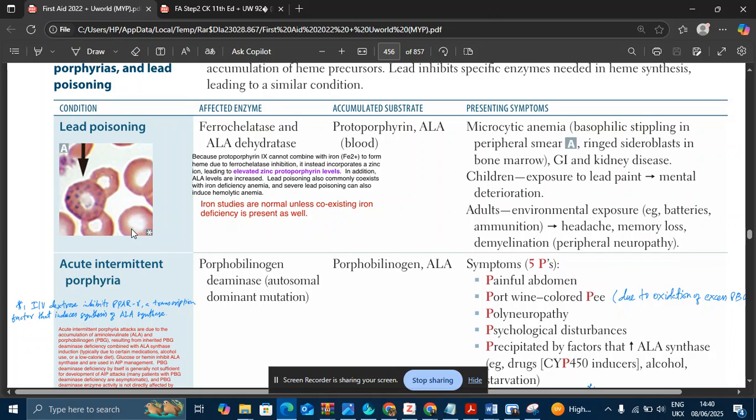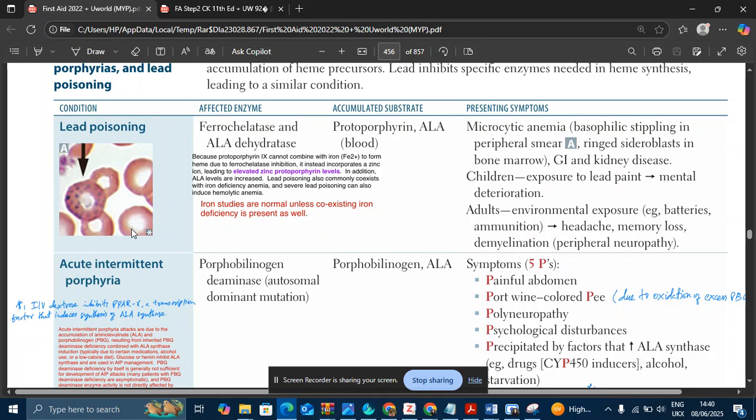So this is the number one risk factor in children for lead exposure. In adults, those who work in industries, in factories that make batteries, get inhalation of that lead during the industrial work. That is the risk factor for adults.